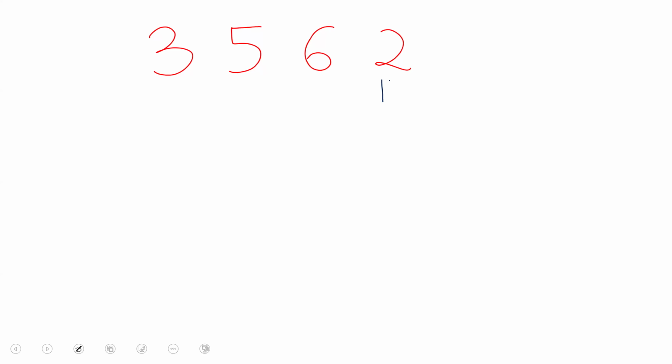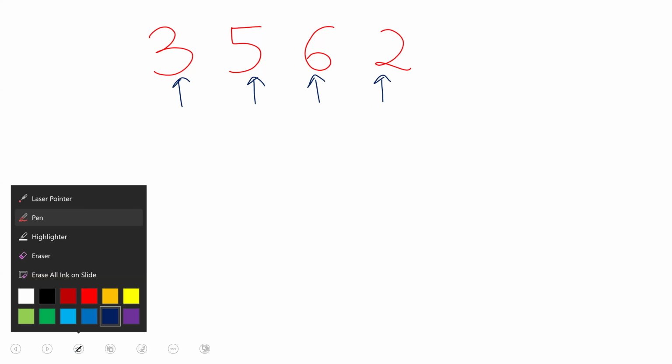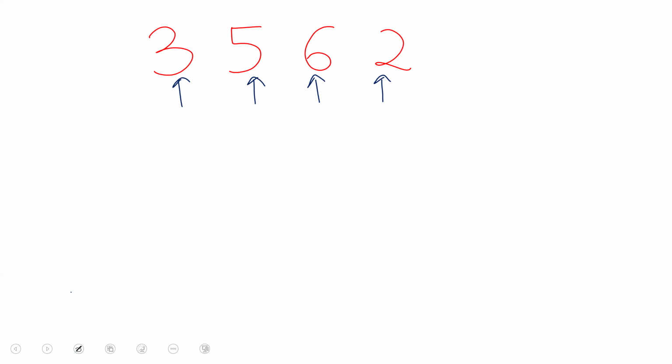For this 2 to get its positional value, and this 6 to get its positional value, we need to understand this. One, we are using a number system called base 10 system. The decimal number system is called base 10.